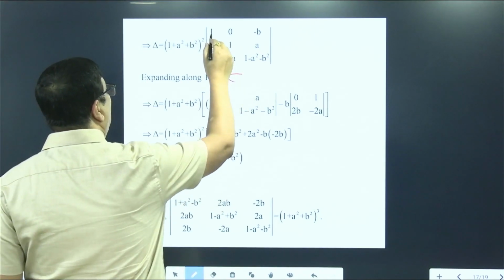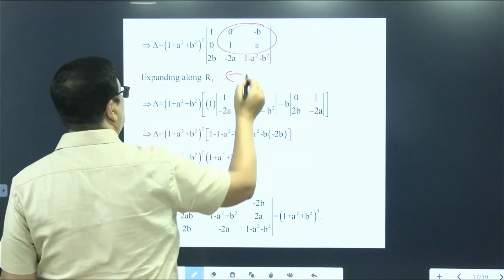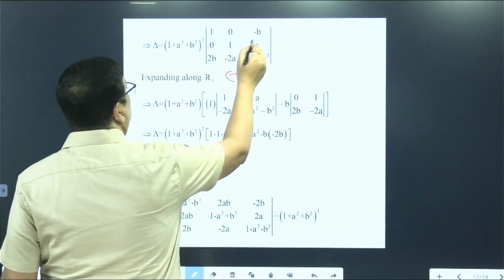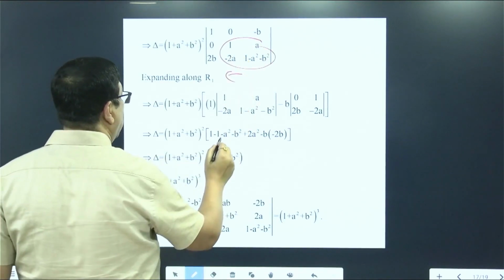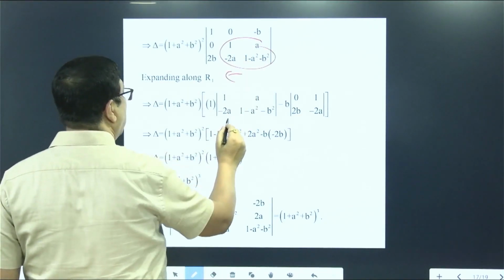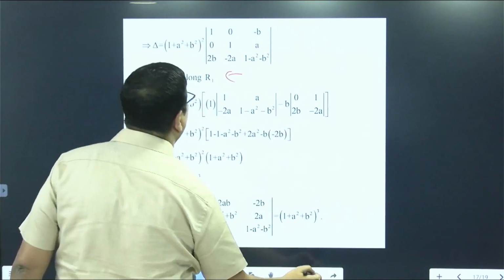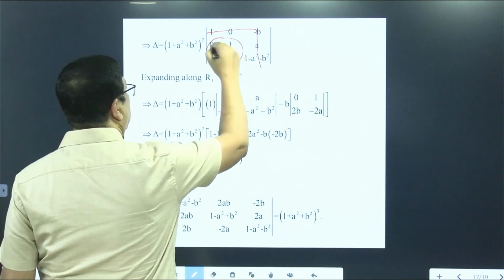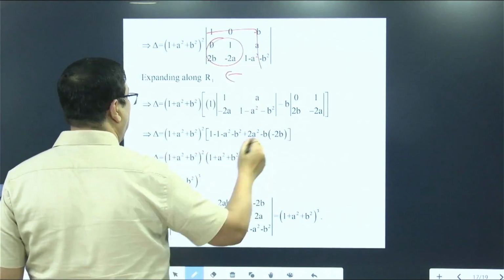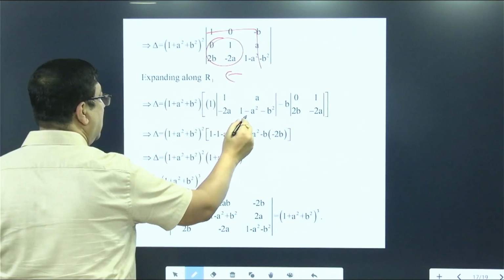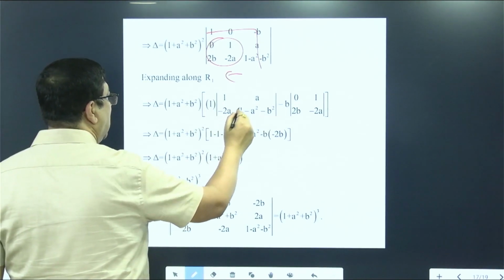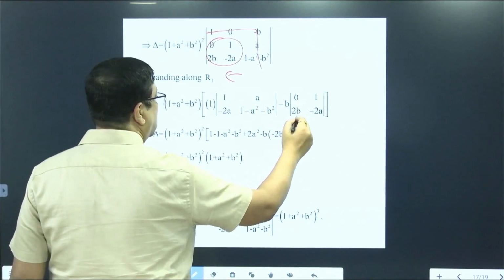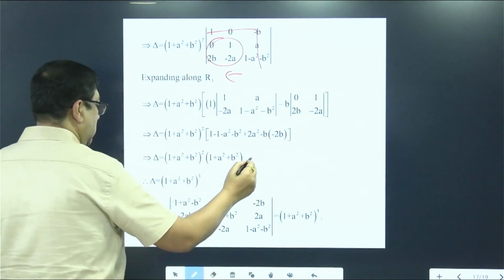We are getting 1 into this determinant, minus 2a, and minus b into this determinant. Now if we just cross multiply, 1 into 1 minus a square minus b square, minus of minus, that is plus 2a square. Similarly minus b, this is 0, minus of minus 1 plus 2b, we are getting our result.